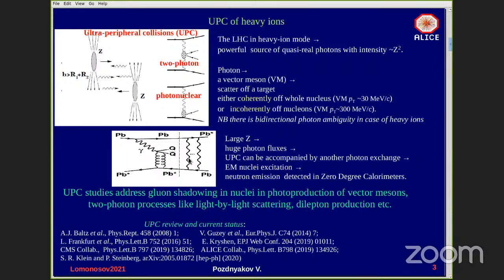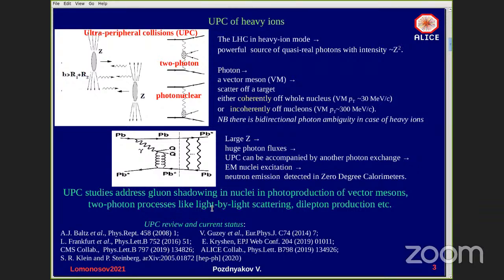Actually, this excitation can also be followed by proton emission, but it's another story how to detect protons. So UPC studies are intended mainly for gluon shadowing in nuclei.